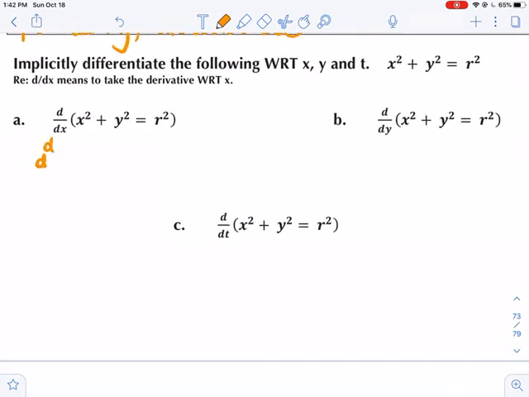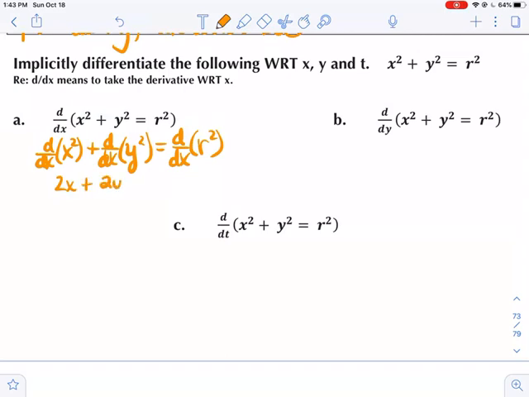Okay, so let's try a few implicit differentiation with respect to x, y, and t. If we do this, we're going to go left to right. ddx of x squared plus ddx of y squared is equal to ddx of r squared. So we get 2x, since we're taking the derivative with respect to x.